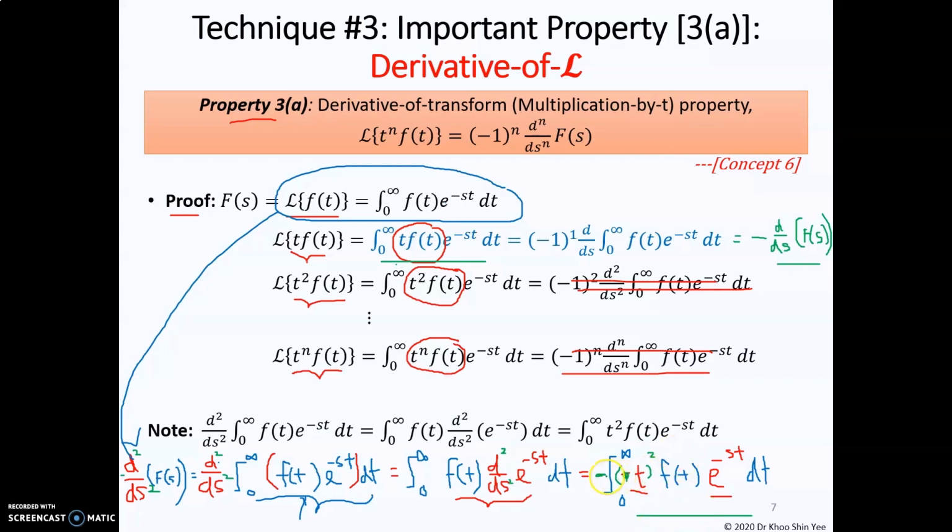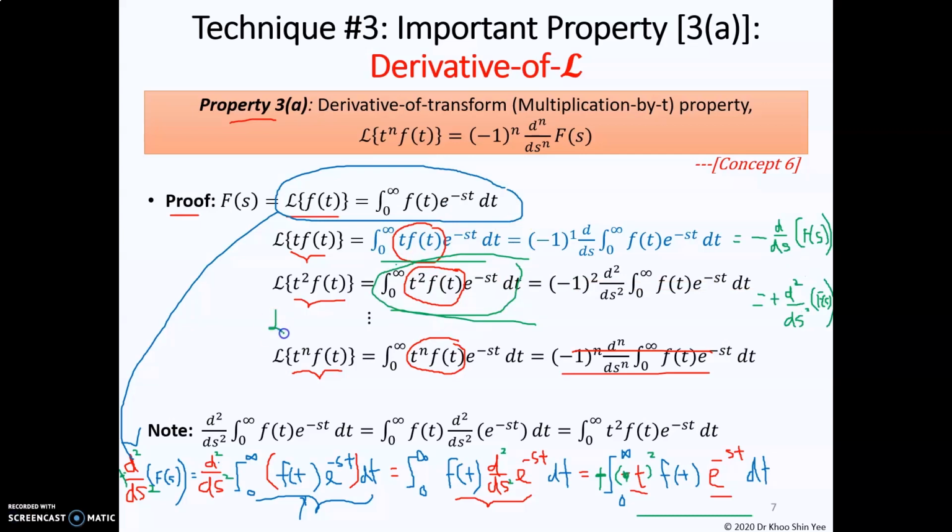When you compare this term and this term, you found that over here there is an additional negative term, so you have to minus it again on your left hand side, so it becomes positive. So we can say positive d squared over dx squared of F(x) is equal to this term.